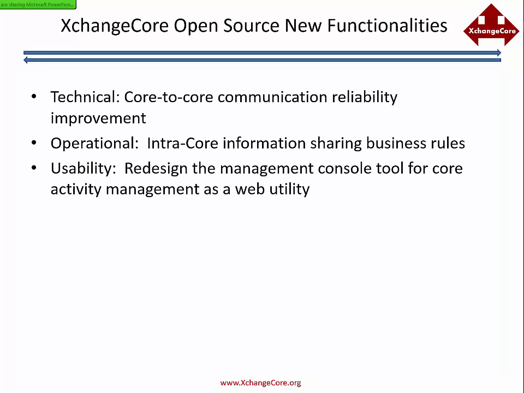First of all, 3 major components of functionality. Technical, some really down in the guts, and we're only going to use one slide on it because it's so far down in the guts. Core-to-core communication reliability. Secondly, and this is so important for the operational side, what are called intra-core sharing agreements. What I refer to as our virtual cores.